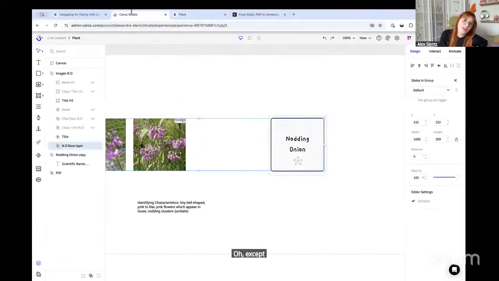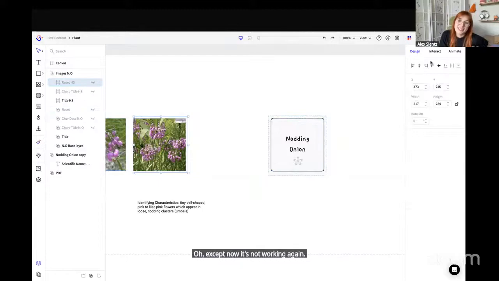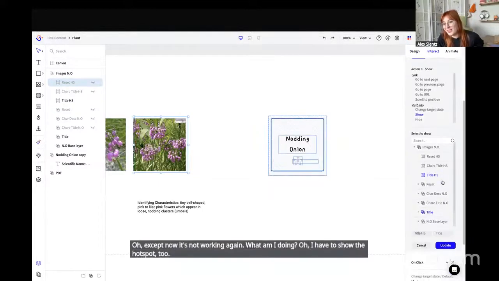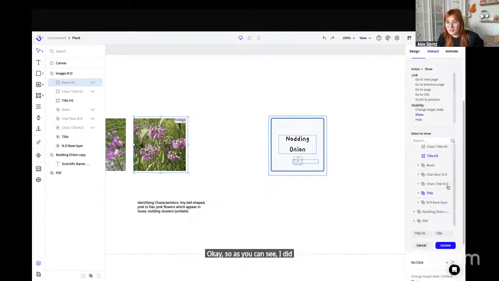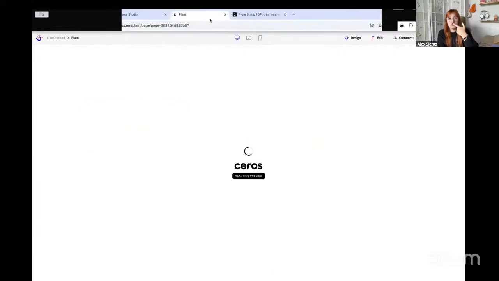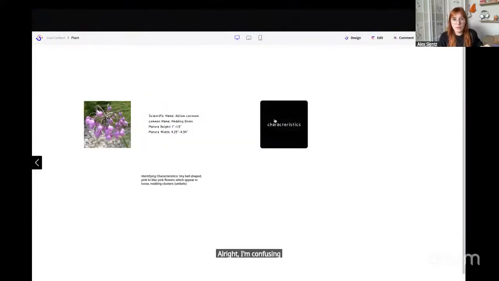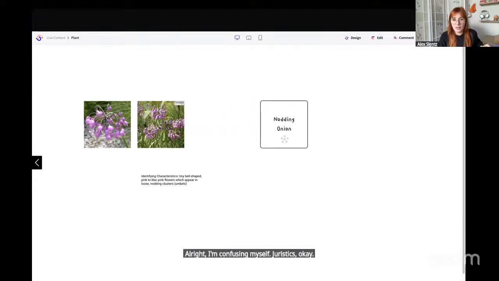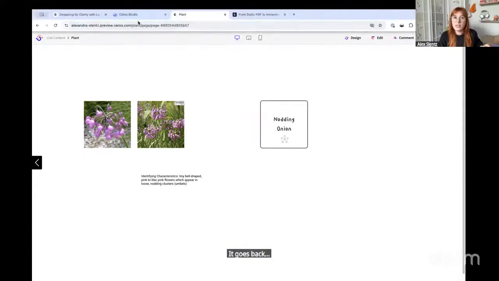Oh, except now it's not working again. What am I doing? Oh, I have to show the hotspot too. As you can see, I did show the hotspot. What did I do wrong there? All right, I'm confusing myself. Characteristics, that goes back, but the hover state's not there.